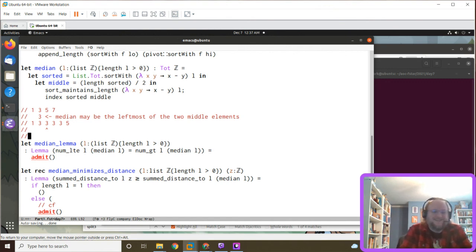Yeah, it would be something like the ones that are equal are going to be split.